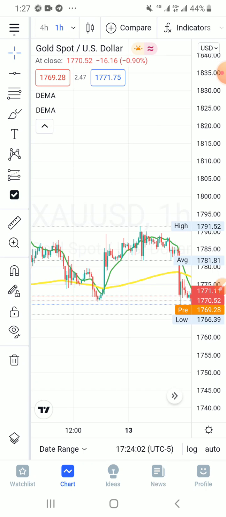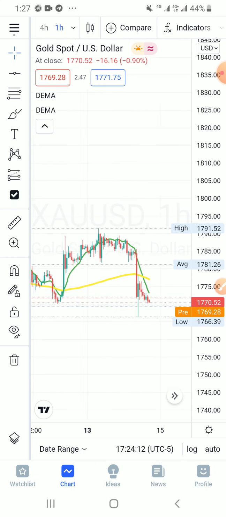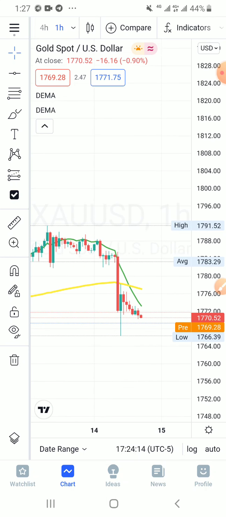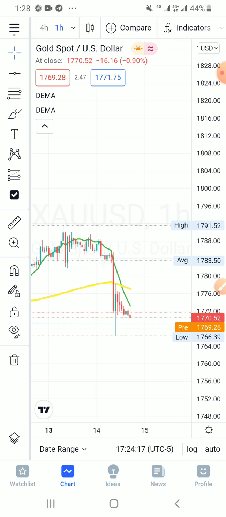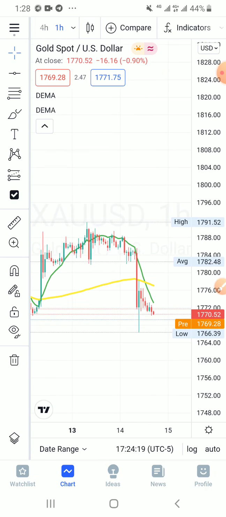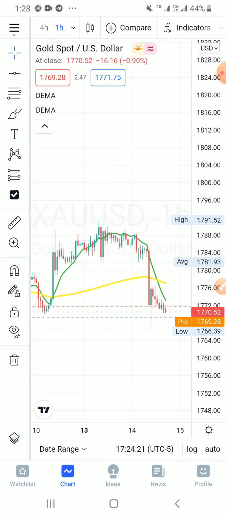So we are still in an area or region where the market is bouncing, going up or down. So 1 hour is really very important for filtering the time frame and also the trend of the market.